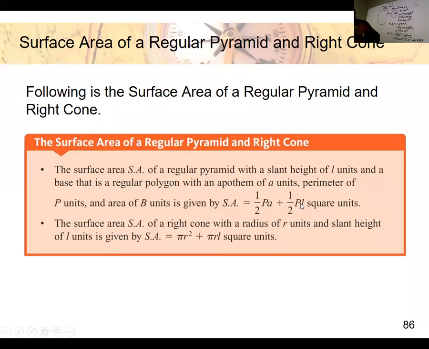And then plus 1/2 the perimeter times the slant height. That's the height that's on the face of the pyramid or cone. Well, in this case, the pyramid. And then for a right cone, you have R units for the radius. Slant height would be L units. That's on the face of the cone. The base of that cone has an area of pi r squared. And then plus pi times the radius times that slant height, which is L.